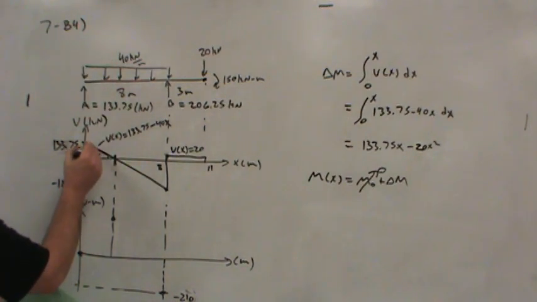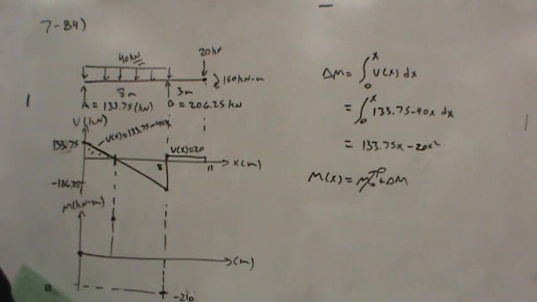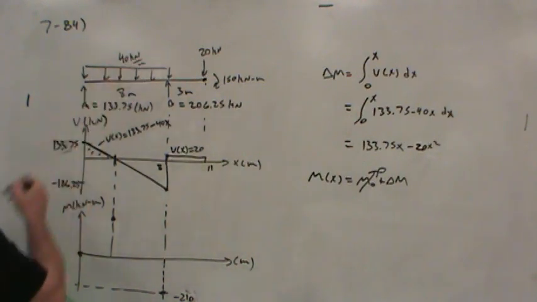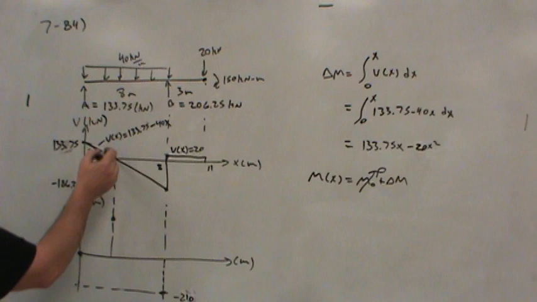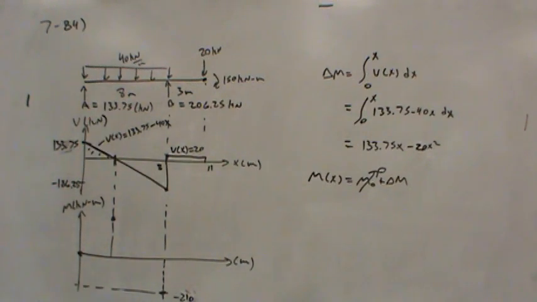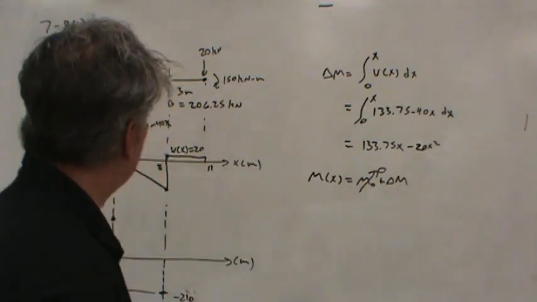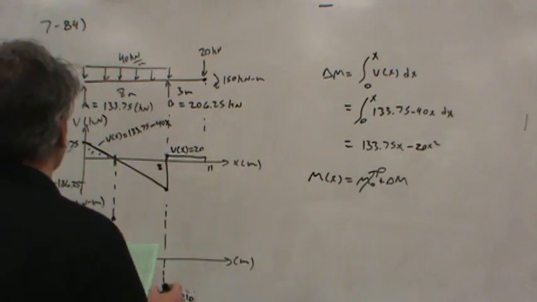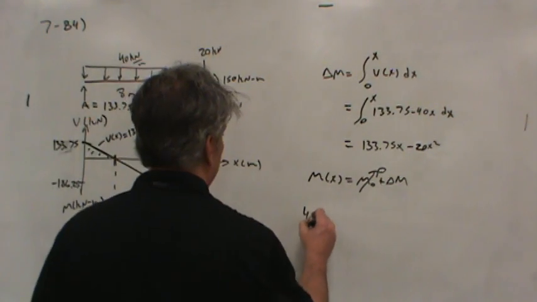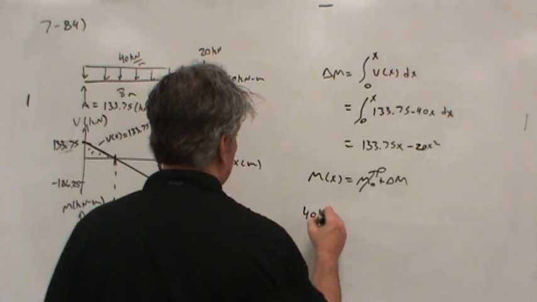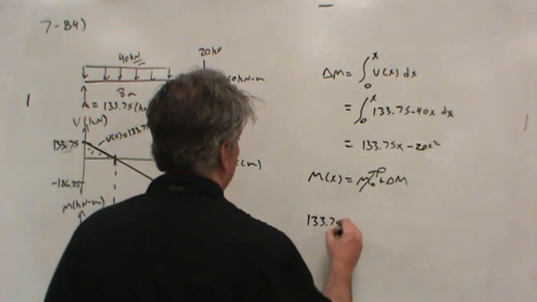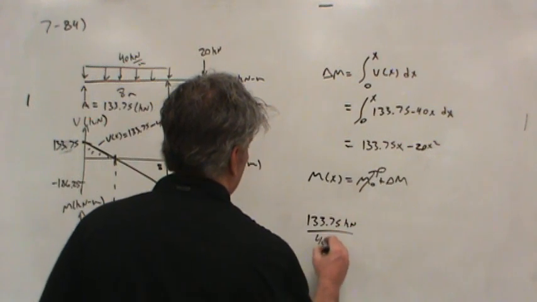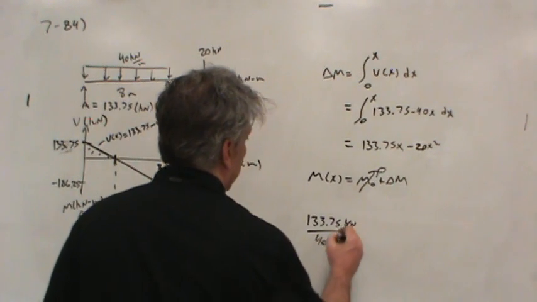Well, let's see. We've got to eliminate 133.75 kilonewtons. We eliminate 40 kilonewtons per meter, so after 1 meter, we've eliminated 40 of those 133.75. In fact, at 3 meters, we're almost done, because 3 times 40 would be, what, 120. But the easy way to do this is to say, well, let's take 133.75 kilonewtons per 40 kilonewtons per meter, and look what happens.